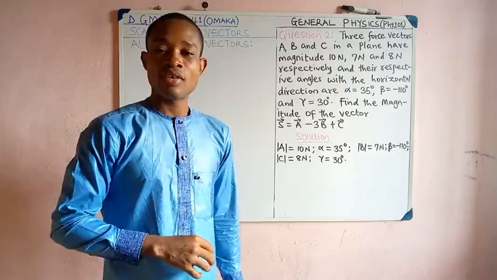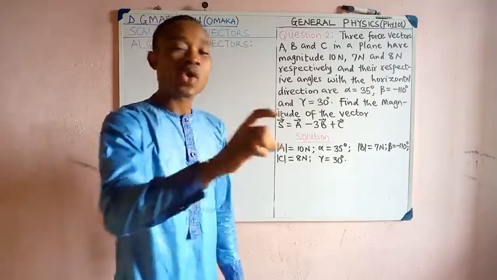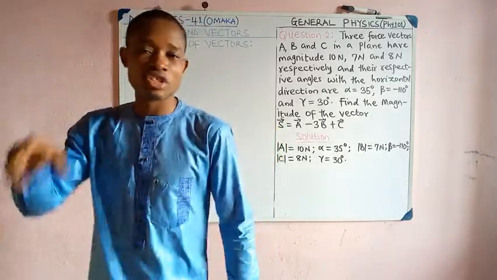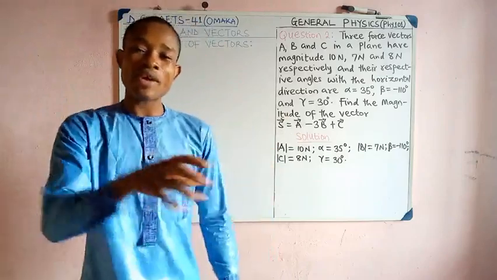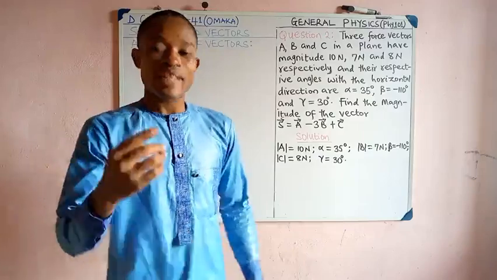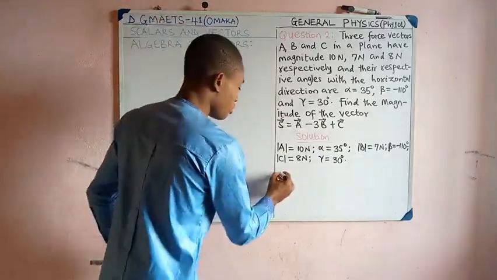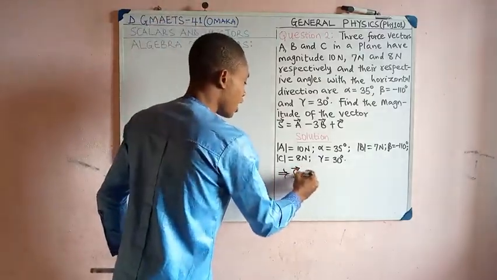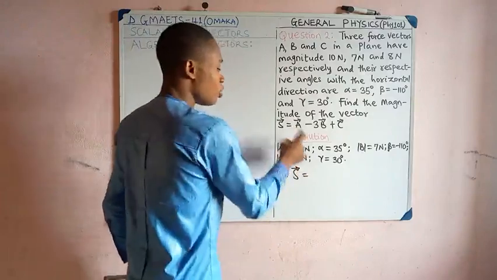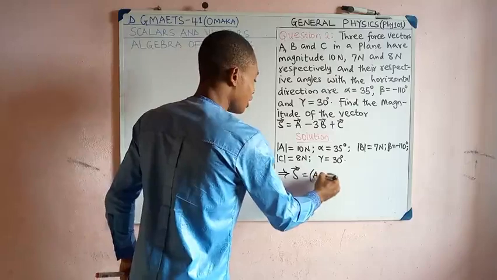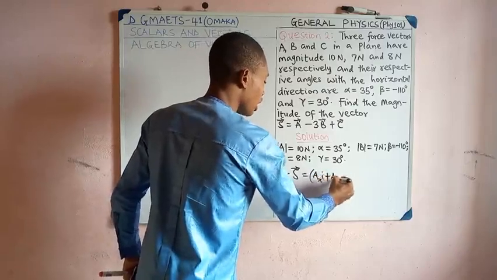So we need to convert them to rectangular, to Cartesian coordinates. We need to get the x and y component of each of these force vectors. Then we'll now substitute it here. So let me write. It implies that S, which is equal to A, will now give us something like A_x i plus A_y j.